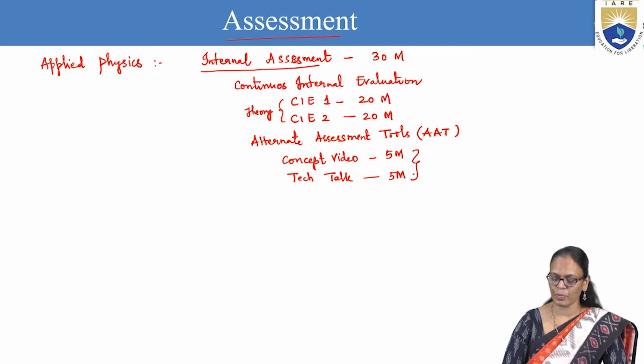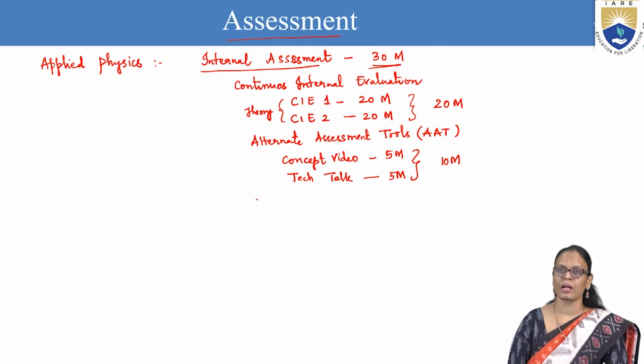So the total put together will be for 10 marks. Here each CIE is scaled down to 10 marks and the total we are getting is 20 marks. So 20 plus 10, we have 30 marks will be the internal assessment.